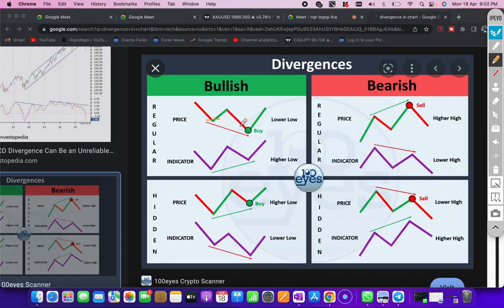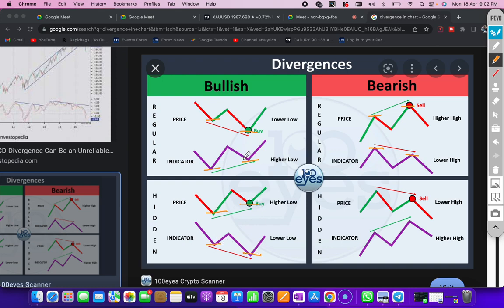Price coming down, RSI going up: divergence. Price going up, RSI coming down: divergence. This is the divergence. Similarly, in the second scenario, price is getting high but RSI is getting low.